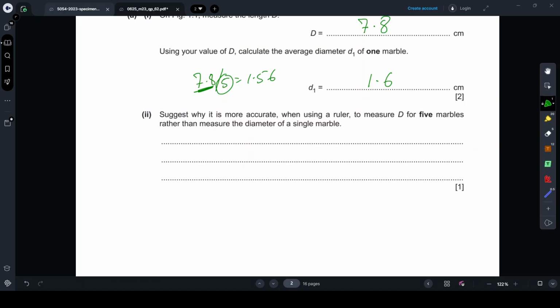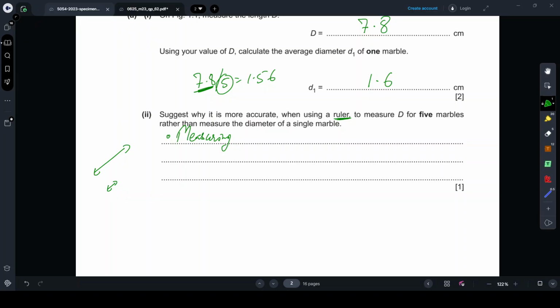So, right, you could say that measuring just one marble, the measurement will be uncertain, or measuring 5 marbles at a time will reduce uncertainty, right? Because obviously measuring a larger value in length is better than measuring small values, right? And that's because you're using a ruler, right? If you were using something like the micrometer screw gauge, for example, then definitely you could very accurately measure the diameter of a single marble because it is that precise.